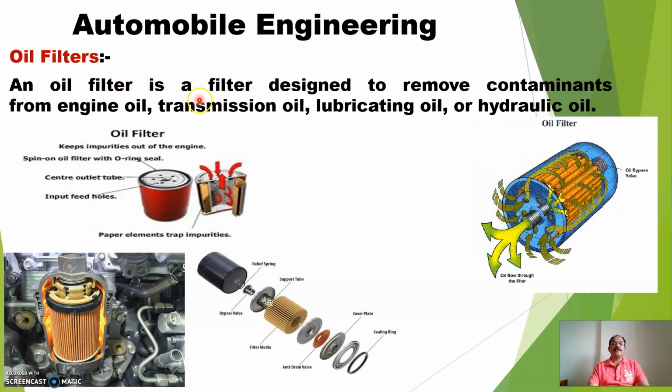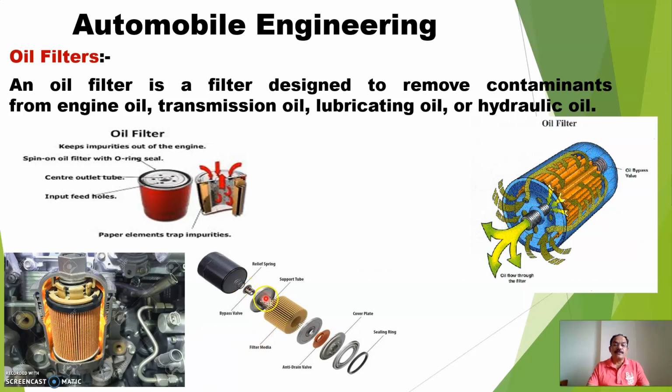An oil filter is a filter designed to remove contaminants from engine oil, transmission oil, lubricating oil, or hydraulic oil. In this, you can observe that this is a filter installed in an engine wherein a paper filter is there.